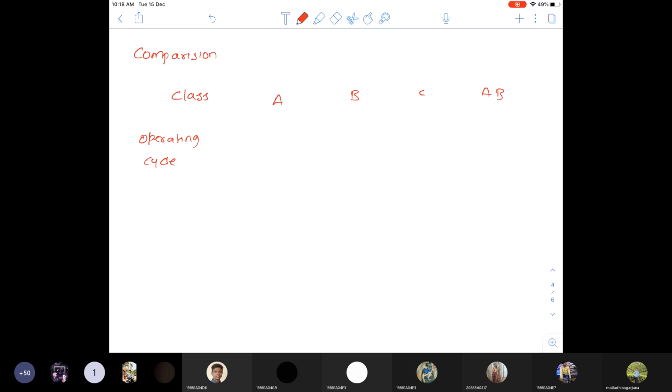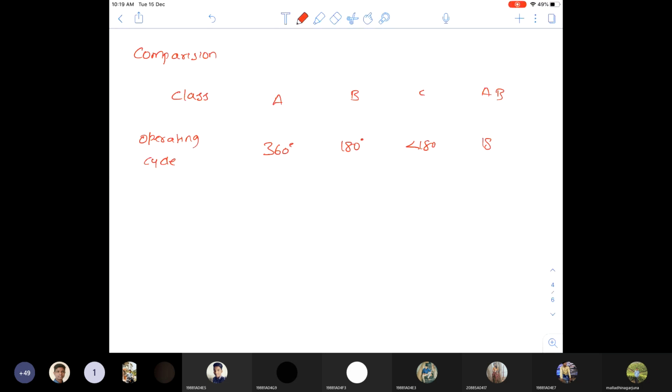What is the operating cycle for class A? 360. Class B? 180. Class C? Less than 180. Class AB? In between, more than 180 and less than 360, so 180 to 360.